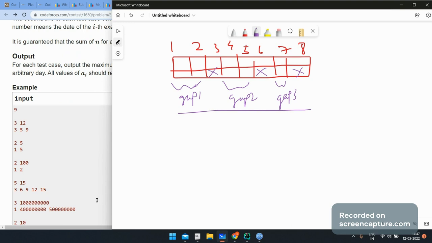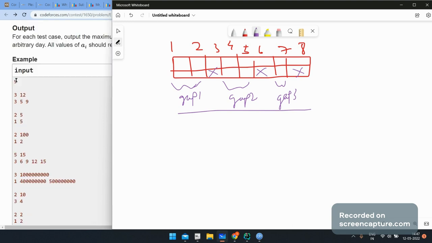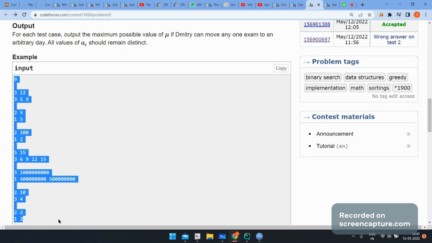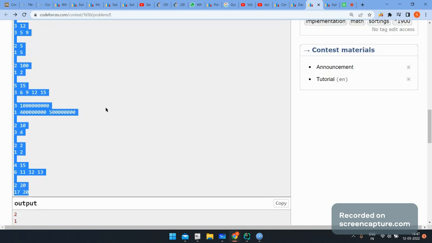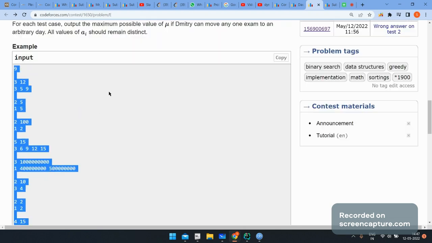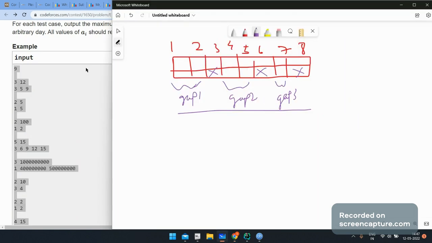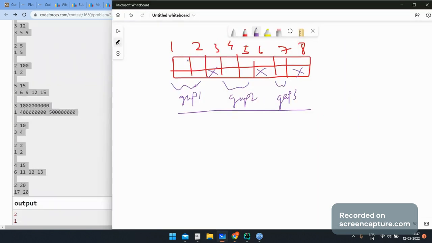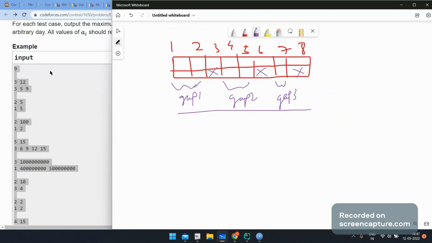Even if we accidentally put an examination on the same day, it will give us a wrong value, but we should handle that case also. So this is the scenario of the question, and this is what the author wants from us.